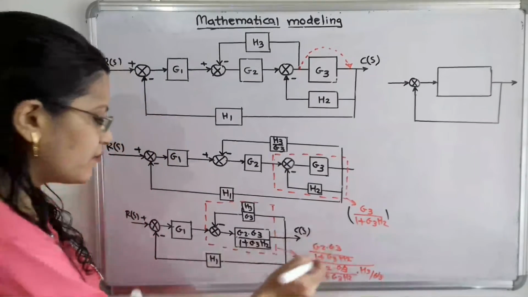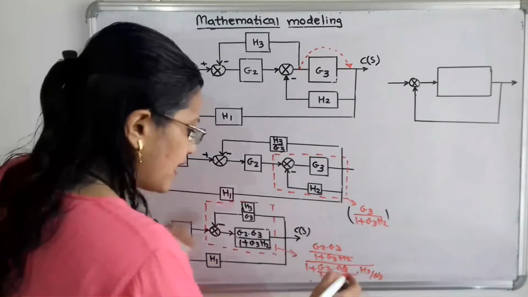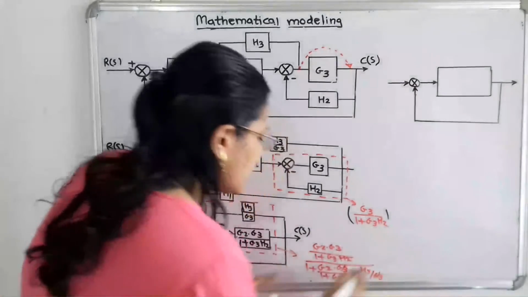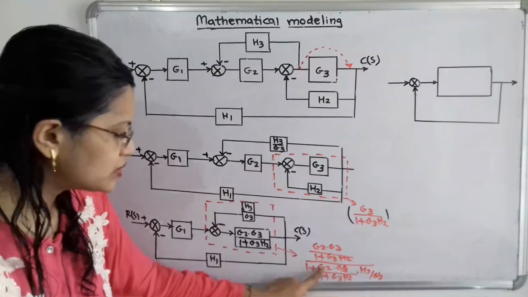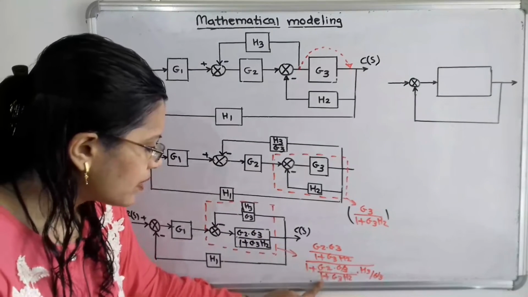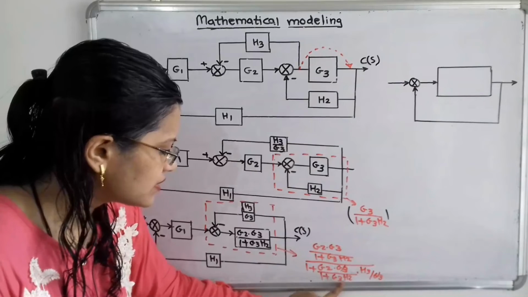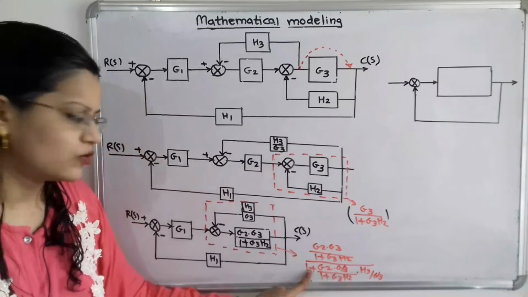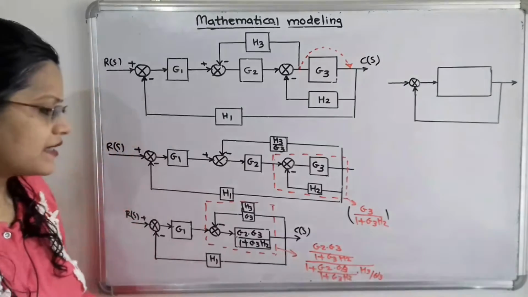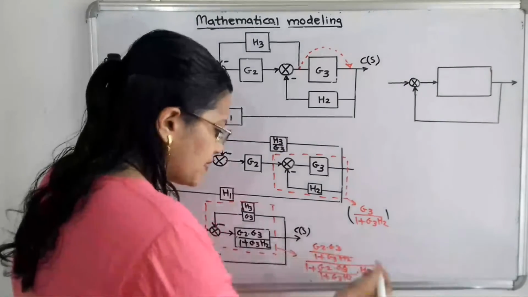Again if we simplify this, we will get the answer. Here 1 plus G2 by 1 plus G3H2. So we will take this denominator for this 1 also. That means we have to multiply here. So I will simplify this.